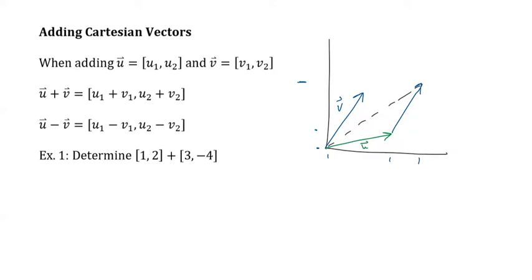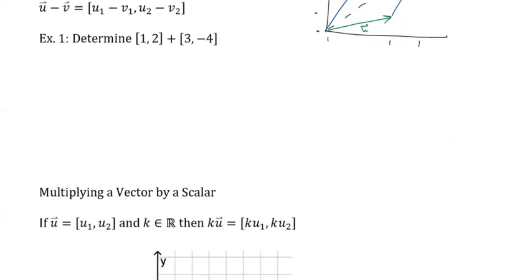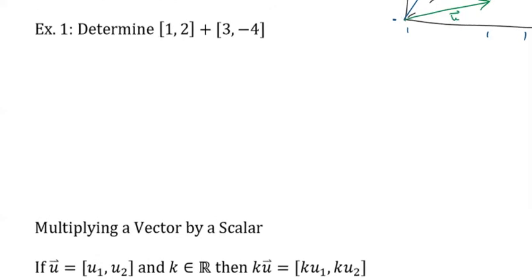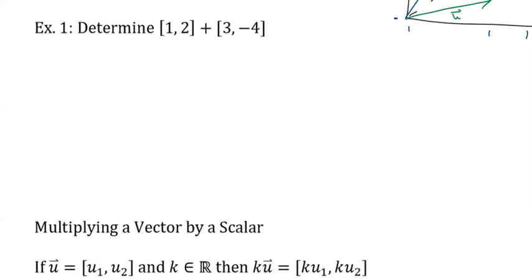Okay, so an example here, determine the sum of those two vectors. This is what I mean by a lot of the computational stuff that we do is so easy.